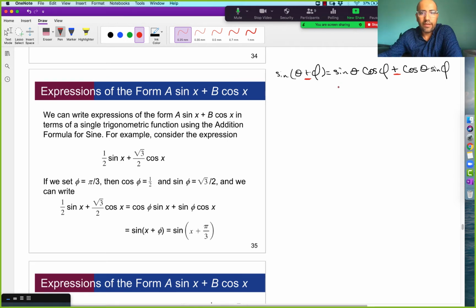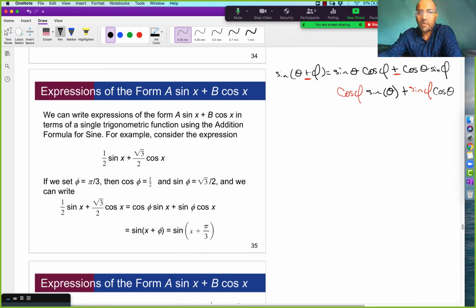So let's rewrite it, putting the cosine of phi over here: cosine of phi sine of theta plus sine of phi cosine of theta.